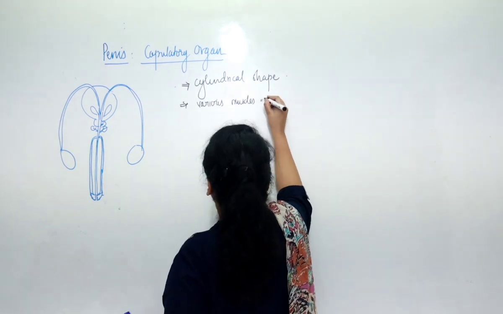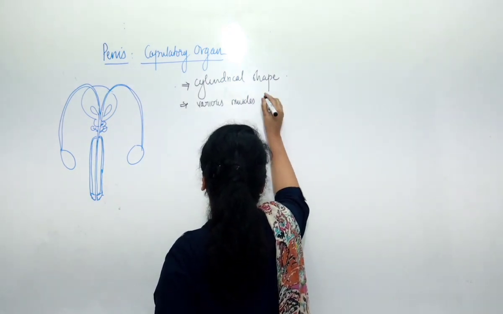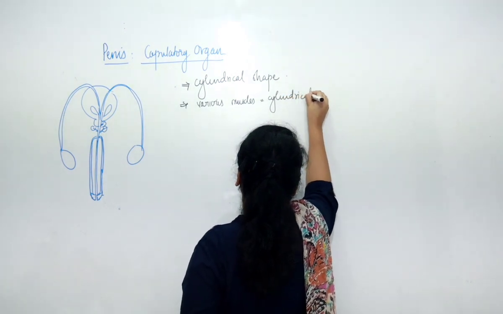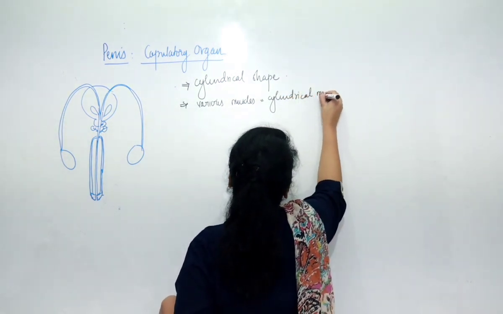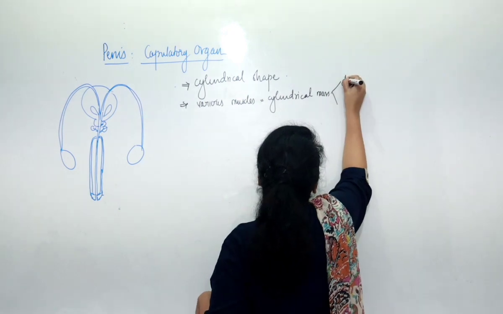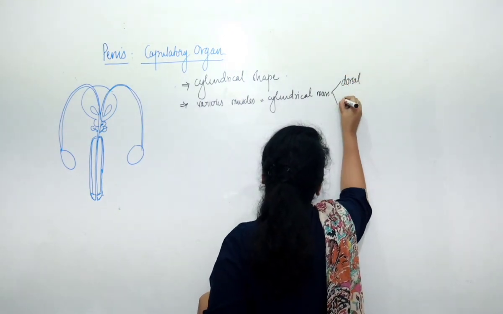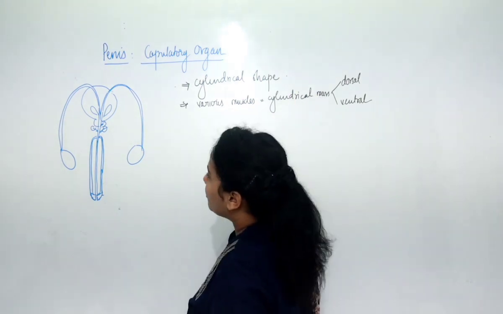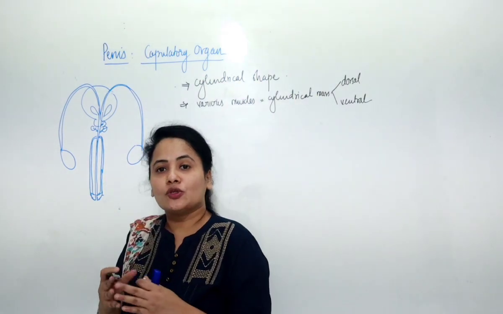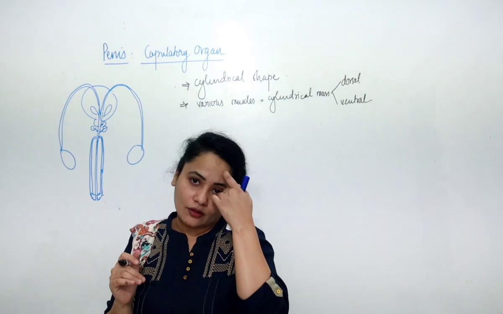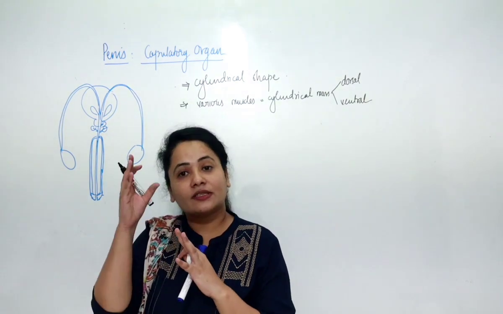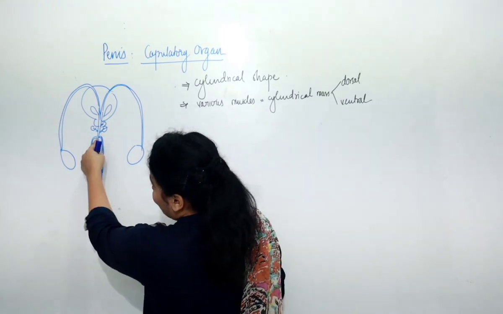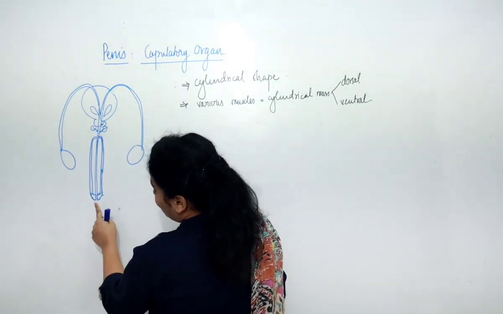There are two different kinds of muscles existing in a cylindrical mass-like structure, one located dorsally and one located ventrally. So this is an extra point: it is composed of muscles which are dorsally located and ventrally located inside the penis. Then you can see that the ejaculatory duct is passing through this.